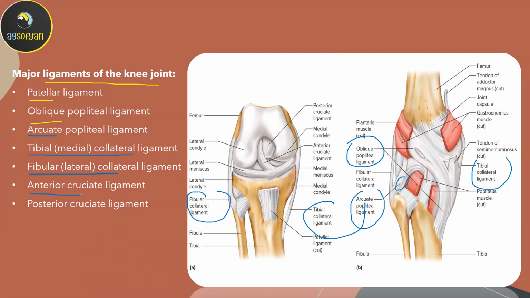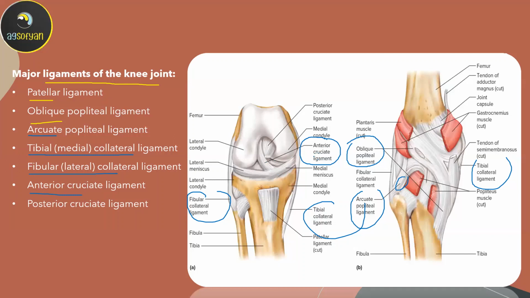There is the anterior cruciate ligament, and this is sometimes the one that is broken when someone plays sport like soccer or maybe kickball, because they are using that knee very hard.